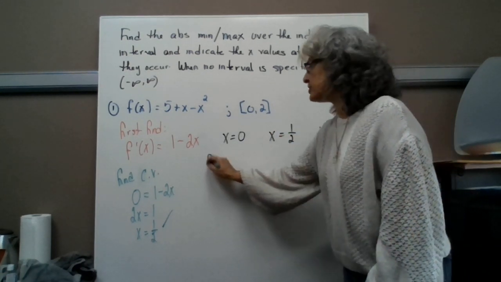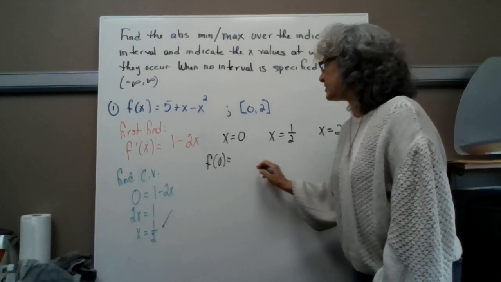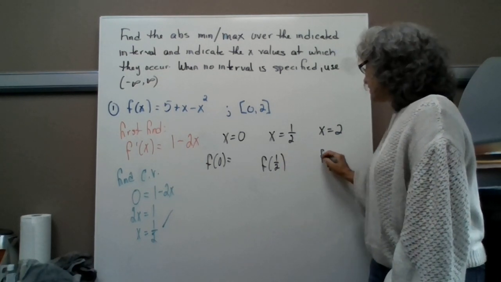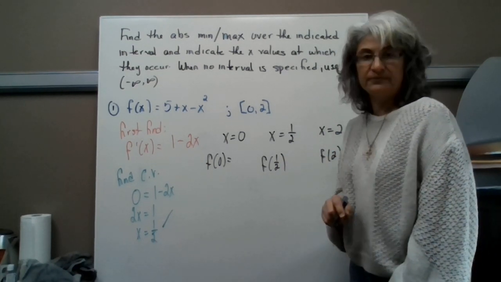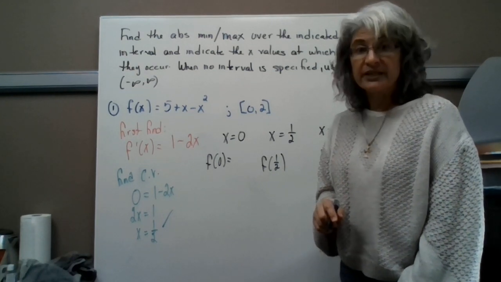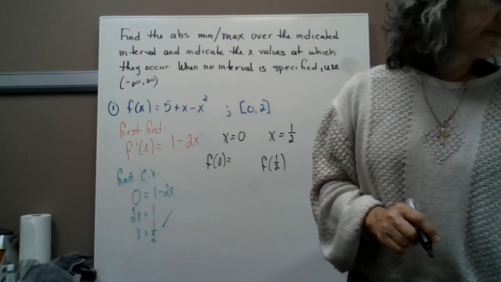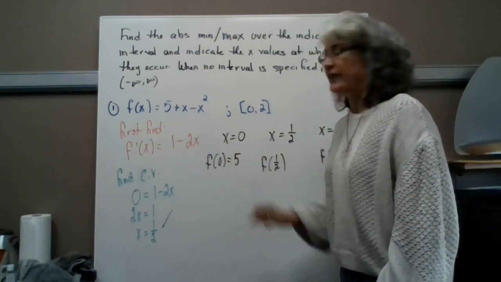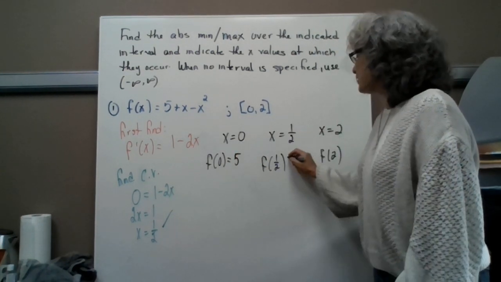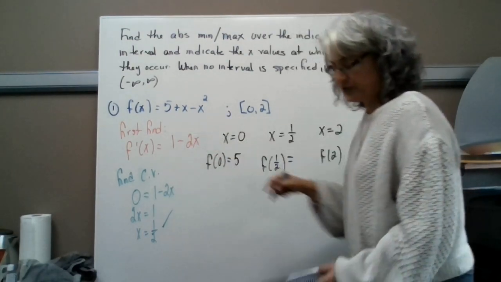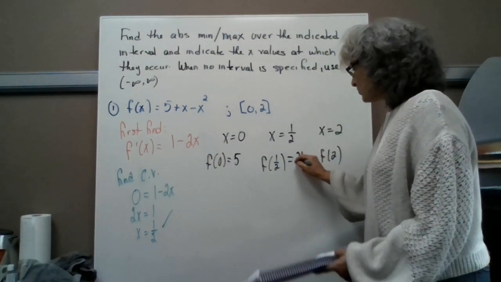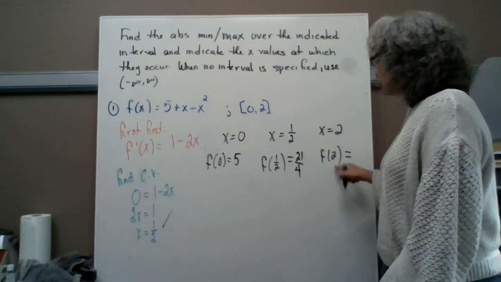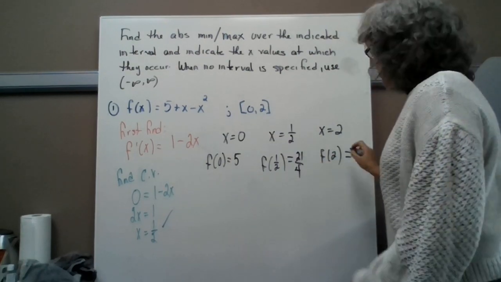And I'm going to determine what the original function is at 0, what it is at 1/2, and what it is when I plug in 2. Now, gratefully, I've already done this. So, when you plug 0 into the original function, you get 5. When you plug 1/2 into the original function, you get 21/4. And when you plug 2 into the original function, you get 3.